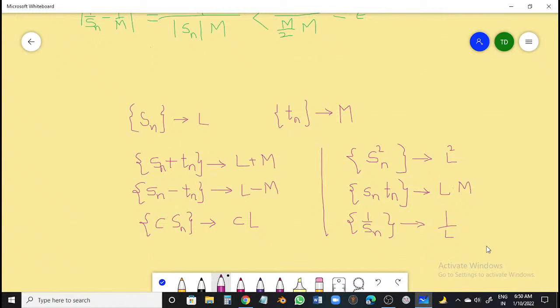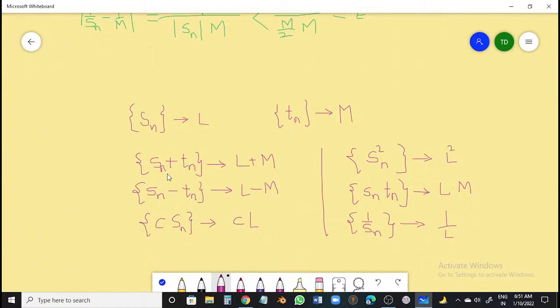If L happens to be a non-zero number, then only we will be able to find out 1 by L. That's the only requirement we have. Means those sequences which converge to 0, we cannot handle their reciprocals. And we have seen with the help of an example, that example was diverging to infinity. So this is what all we have.